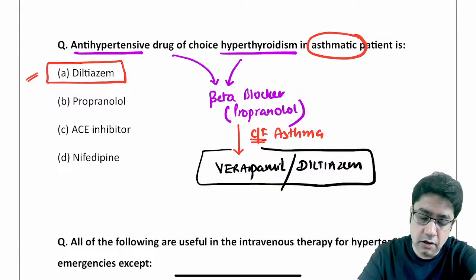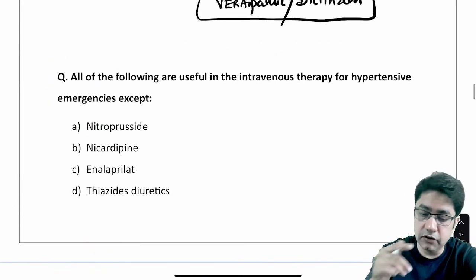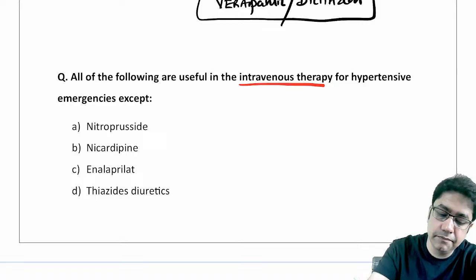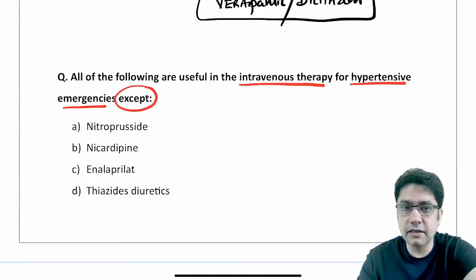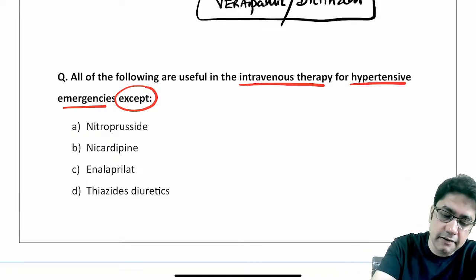Fine. So which of the following is useful in intravenous therapy for hypertensive emergencies except? The answer of this question is, remember, thiazide diuretic.